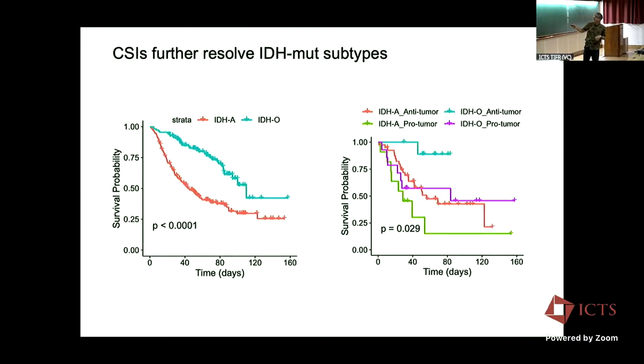But this is just saying that you can do much more with our CSIs in terms of classification of IDH mutant gliomas. Currently, it's just A type or O type, but when you score them, a subset of O and a subset of A start to look similar in terms of their survival. So we're trying to refine the clinically followed classification of these cancers.